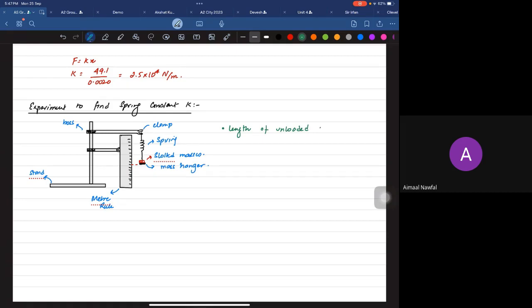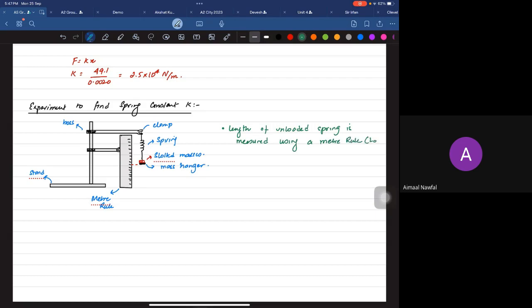Unloaded spring is measured using a meter rule. All right, so this is the first point.